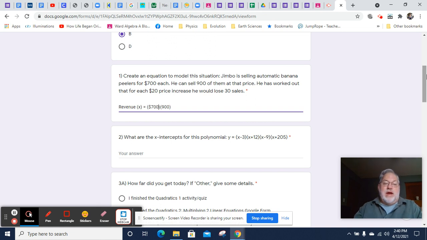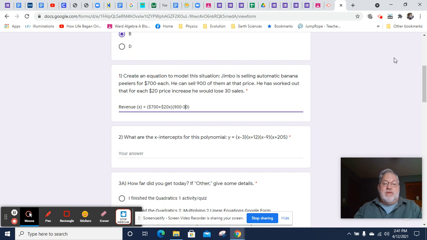But now we've got to deal with how we're dealing with the x. So we know that Jimbo's worked out that if he raises the price $20, he would lose 30 sales. And every time he raises the price $20, so we're going to start with just one raised price and one loss of 30 sales. But it's going to happen x number of times.